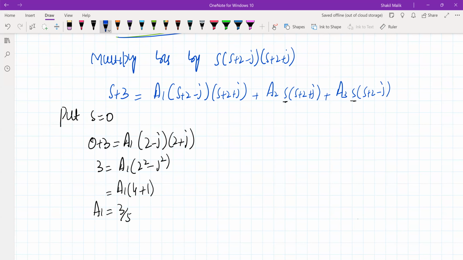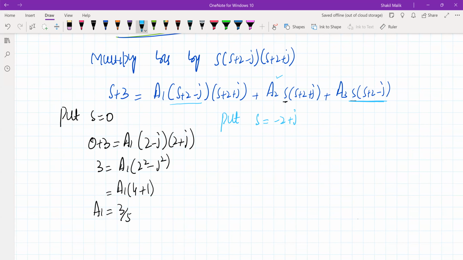Now to find a2, we'll put s equal to minus 2 plus j. Once we put s equal to minus 2 plus j, this term will be 0, this term will be 0, and we'll be left with only this term.